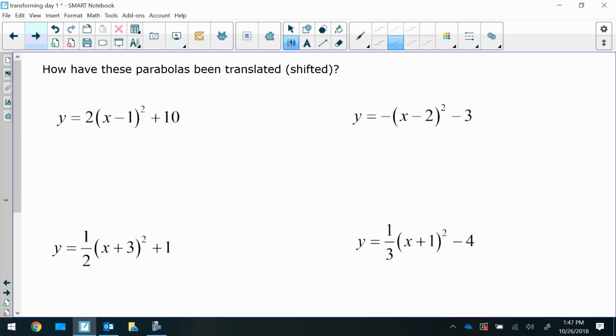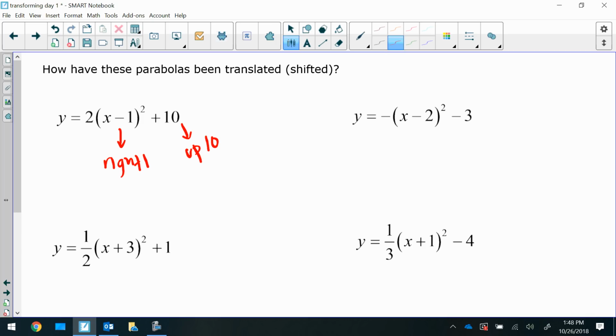Okay, so before we get to graphing them, I just want to take a few parabolas and take a look at them. I'm just going to talk about how they've been moved left or right. This first one, if I have x minus 1, it's gone to the right 1. And this is going to go up 10 because it's a plus 10 at the end.